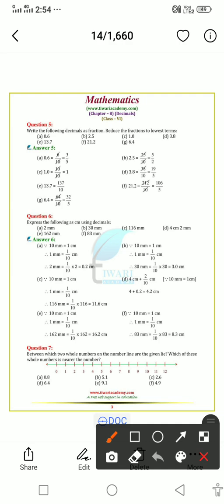Express the following as centimeter using decimal. We have to convert in centimeter. You know 10 millimeter is equal to 1 centimeter. We know this thing, 10 millimeter is equal to 1 centimeter.